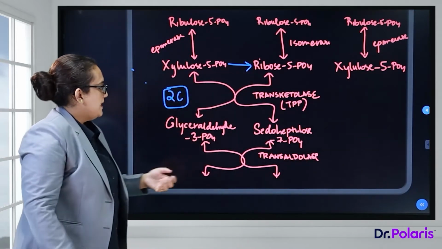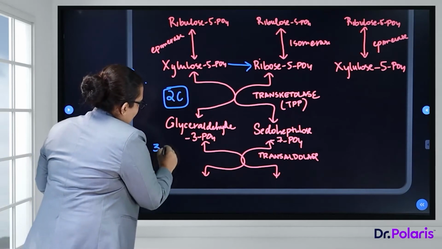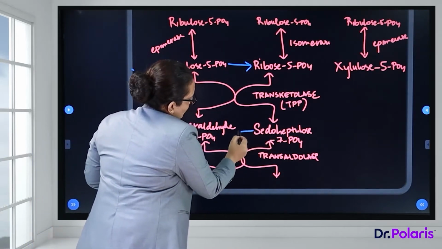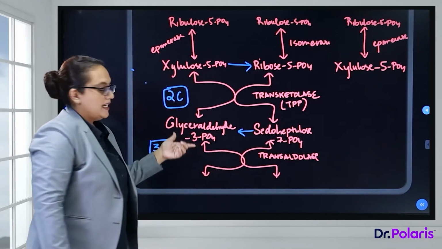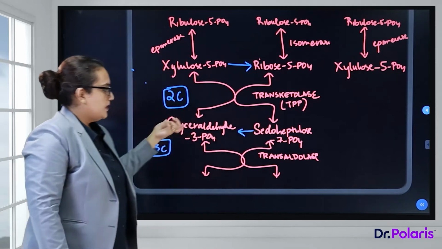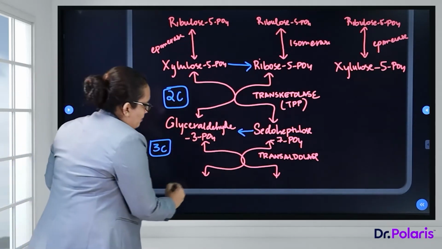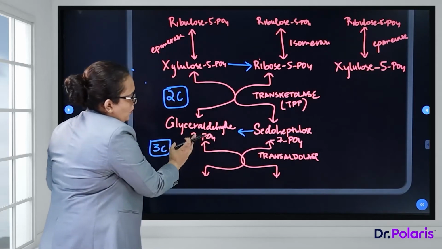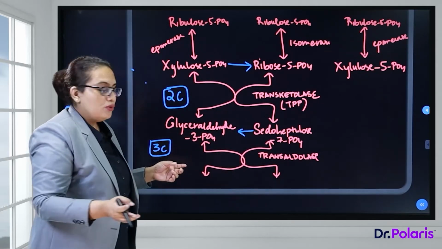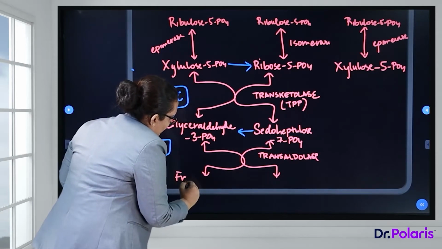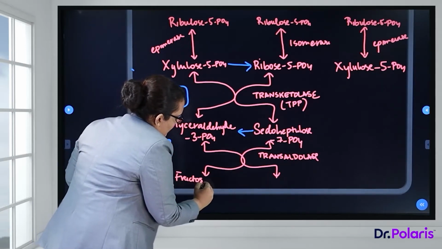So during this step, 3 carbon units from sedoheptulose get transferred to glyceraldehyde 3-phosphate. The keto group also gets transferred here, leading to the formation of a ketohexose. You have 3 carbons from here getting added to glyceraldehyde along with the keto group. So you get a ketohexose, which is fructose 6-phosphate.